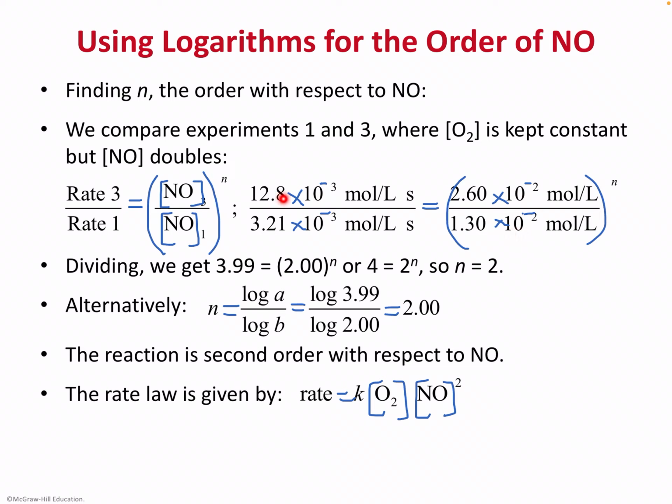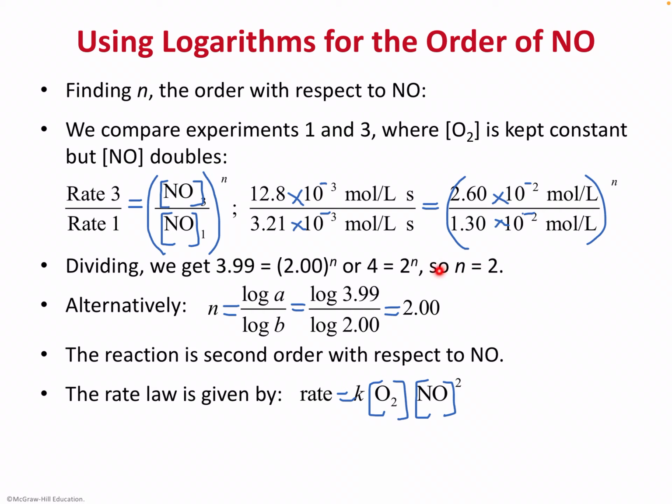Now this side, 12.8 over 3.21, we get 3.99, almost like 4. And from this side, we get 2. So 4 equals 2 raised to the power n. So we need to find n. And 2 times 2 is 4. So we can directly see n equals 2.